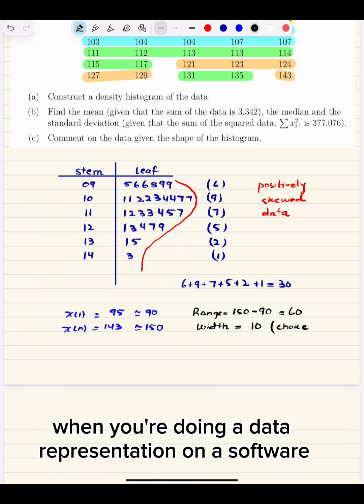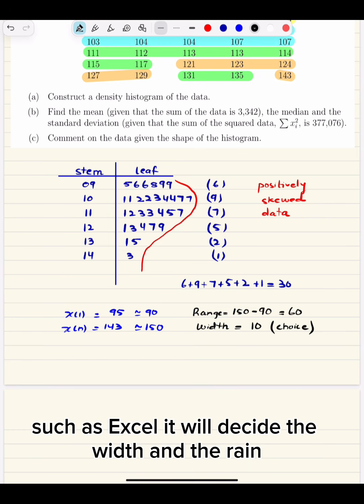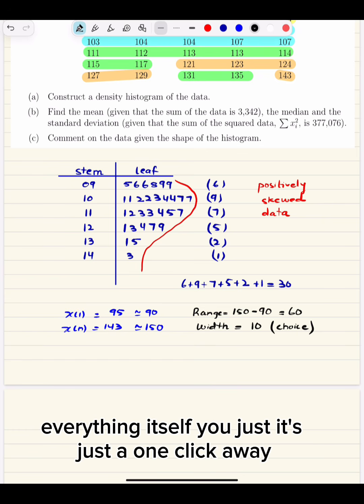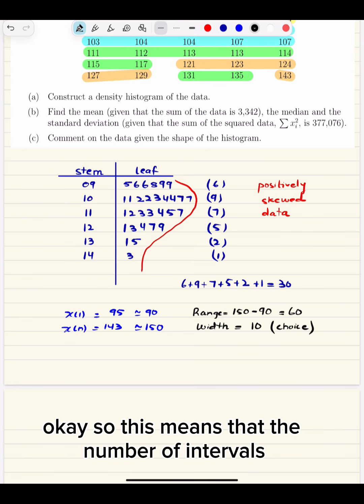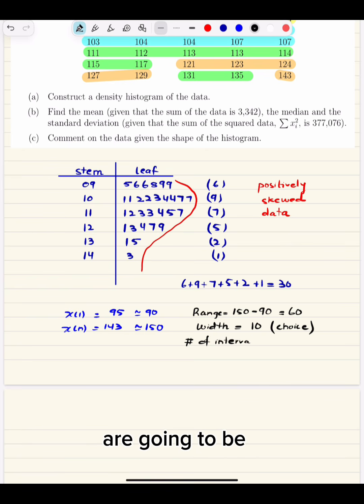When you're doing data representation on software such as Excel, it will decide the width and the range, everything itself. It's just one click away. So the number of intervals is 60 divided by 10, which is 6.